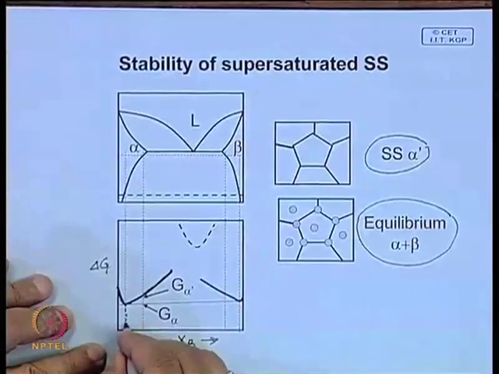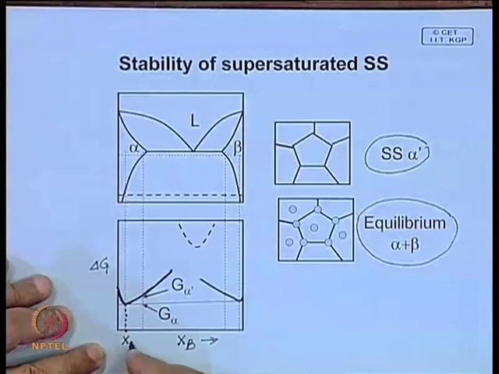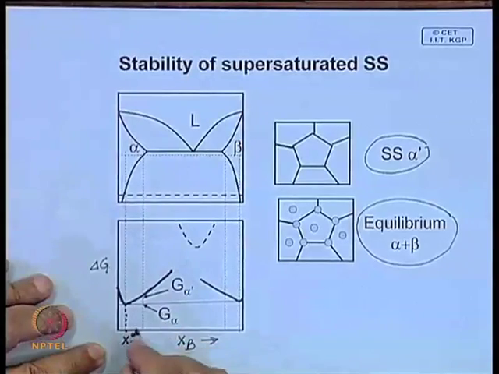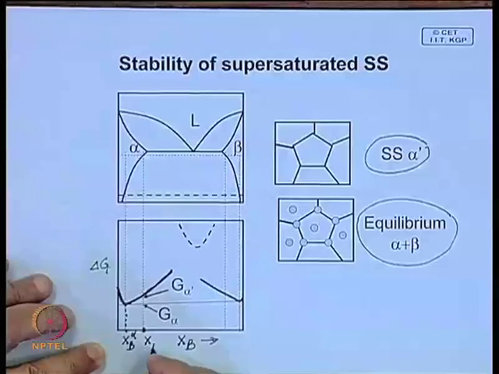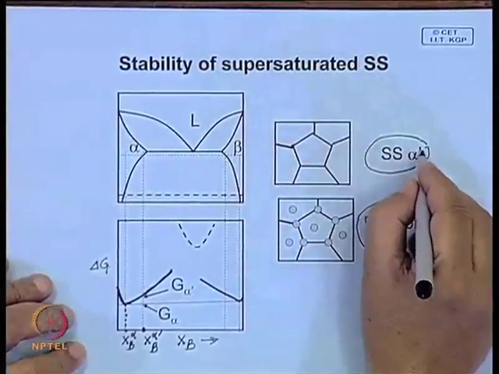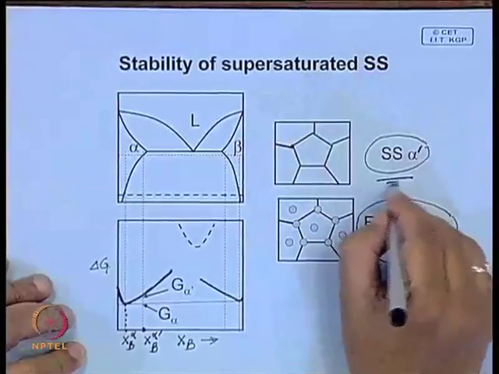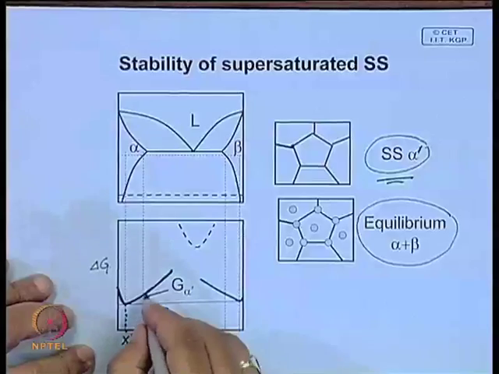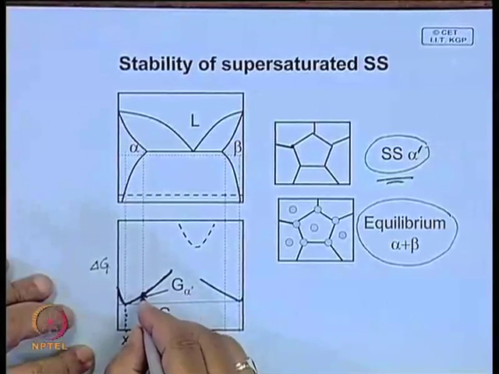Now, this is the solubility of B in alpha at room temperature. Here we have kept this much of excess. So, this is the amount of solute in alpha prime. We call the supersaturated solid solution alpha prime. Now, for alpha prime its free energy is this.